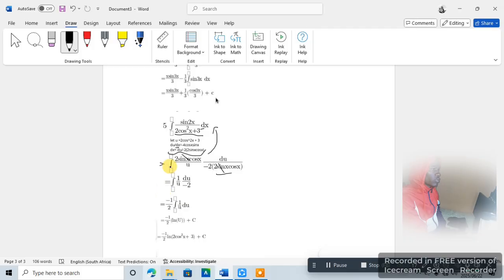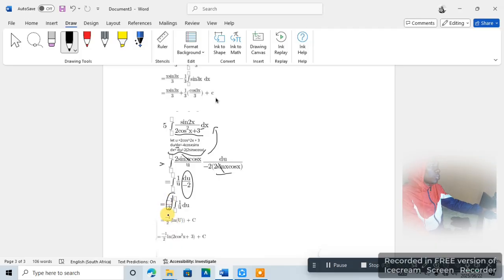Then we'll be left with the integral of 1 over u multiplied by du over minus 2. You see, this one goes with this one, then we'll be left with du over minus 2. Here it is. And then now we can see here that there is 1 over minus 2, so we are going to take out 1 over minus 2 as our constant.